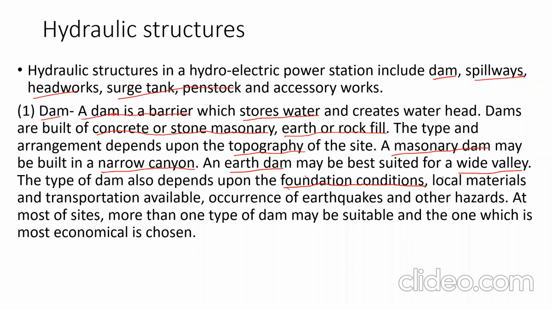Local materials: suppose in a hilly area most of the time the dam is made up of stones, so we consider whether the stone is available locally or transportation is required. Occurrence of earthquakes, whether the hydroelectric power plant is going to be erected in an earthquake area or not, we have to consider that also.